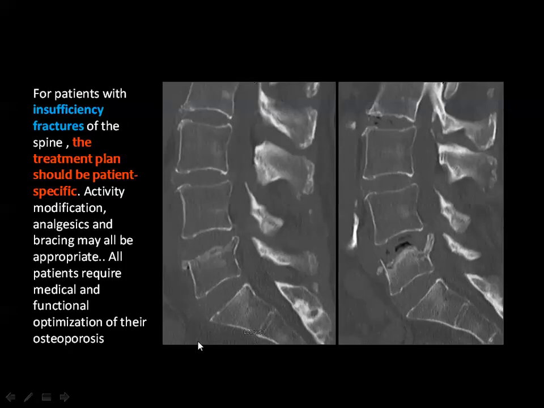Then these fractures may be called insufficiency fractures of the spine, and this is the appearance of the vertebral fracture, and after some time you get more vertebral collapse, more depression in the vertebral endplates.